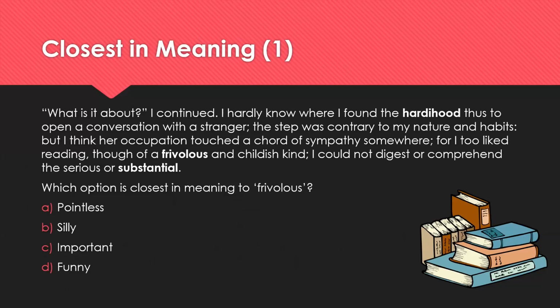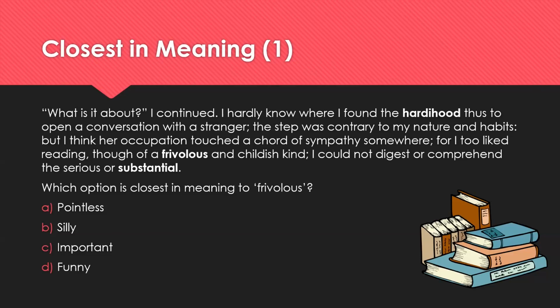Let's see what people are saying. I've had a few people say there's a range of different options. Some people are saying D, some people are saying A, some people are saying B. So let's look at the context in which it's being used, okay? It's describing the kind of books that Jane herself usually reads.